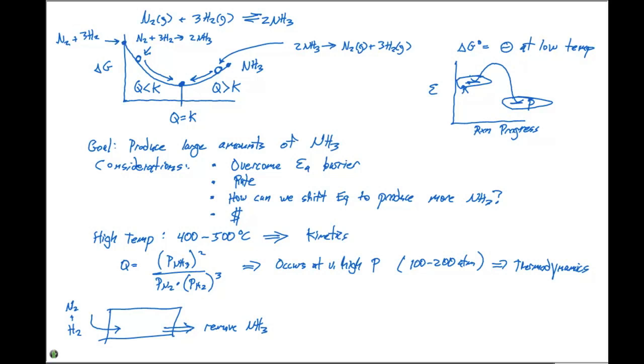So if we can isolate and remove the NH3 here, this is going to shift the equilibrium forward, and it's going to produce more NH3.